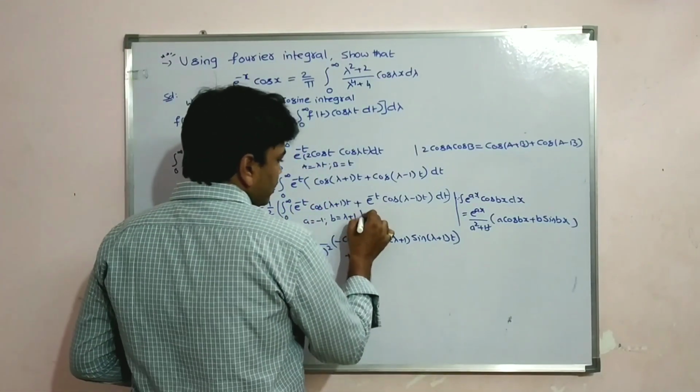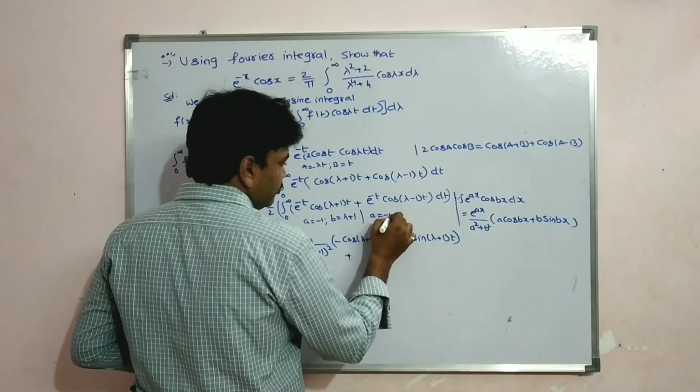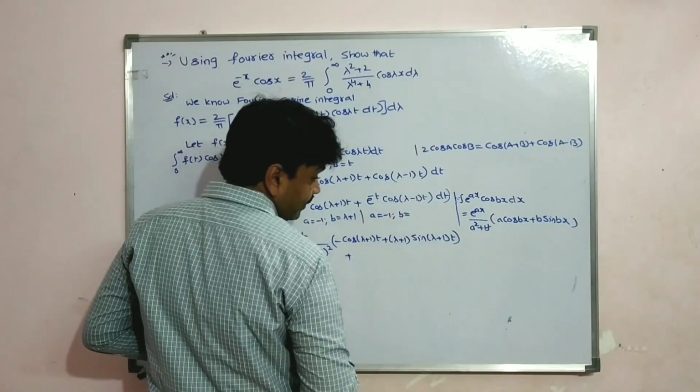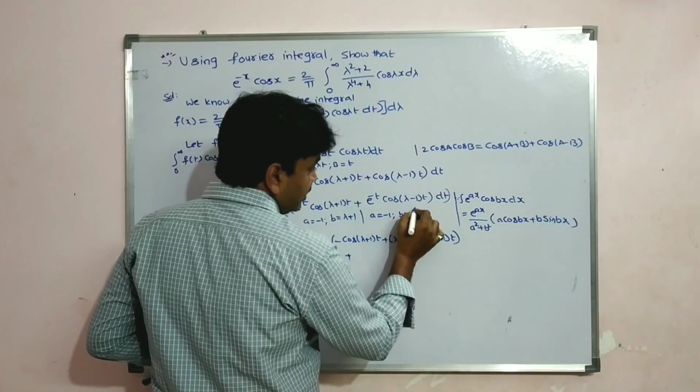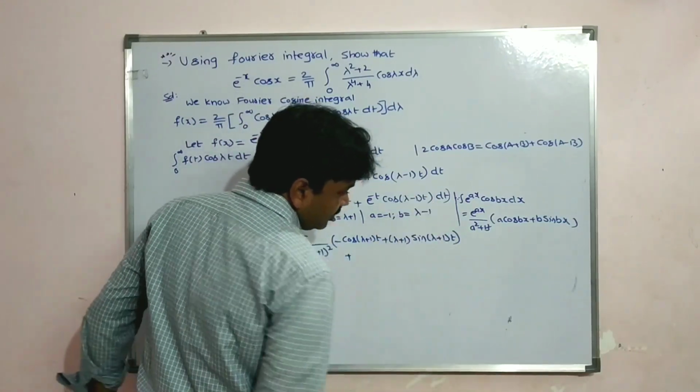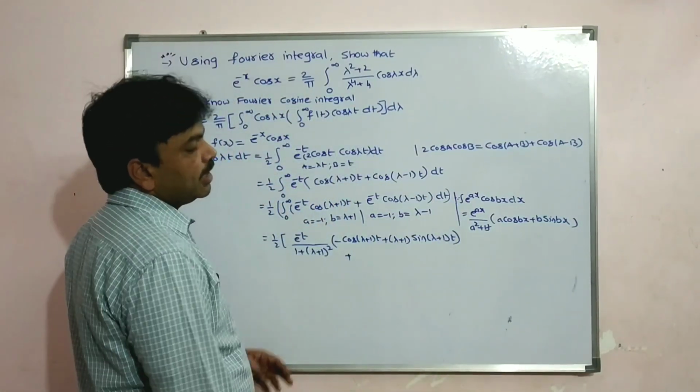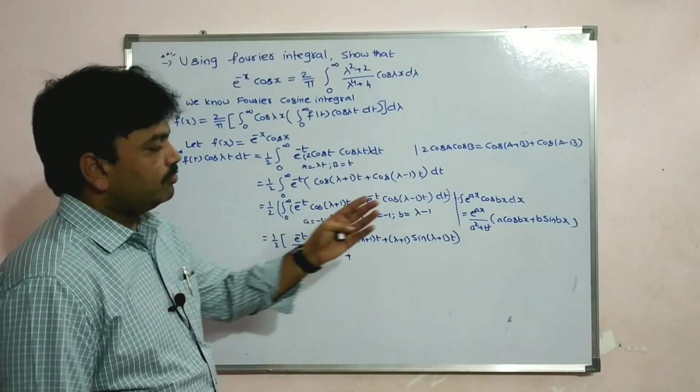Now again, what is a here, students? A is minus 1 and b, this time, is lambda minus 1. Again apply the same formula.